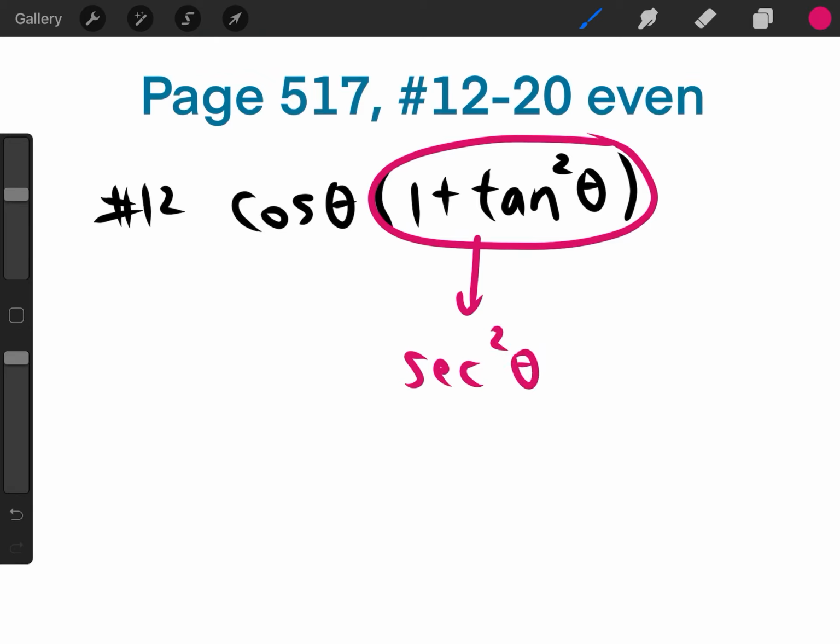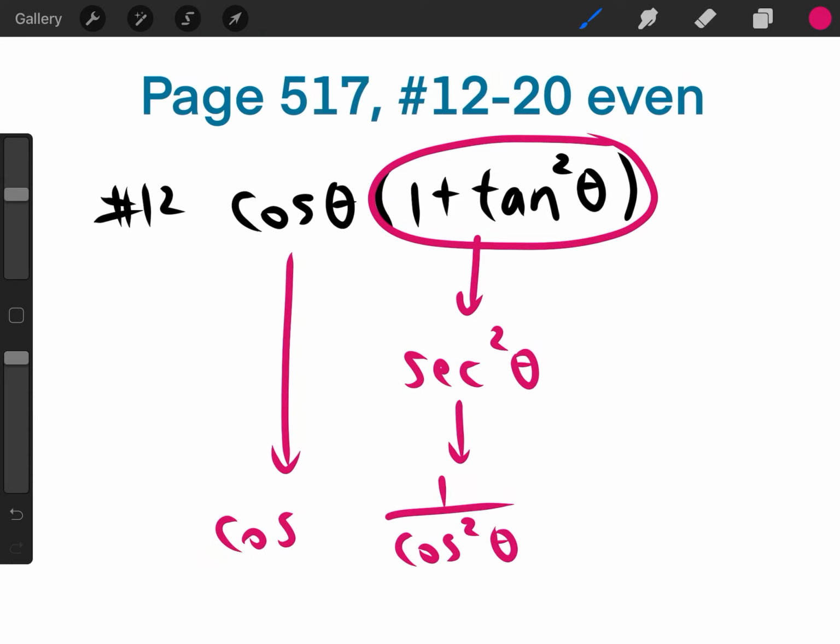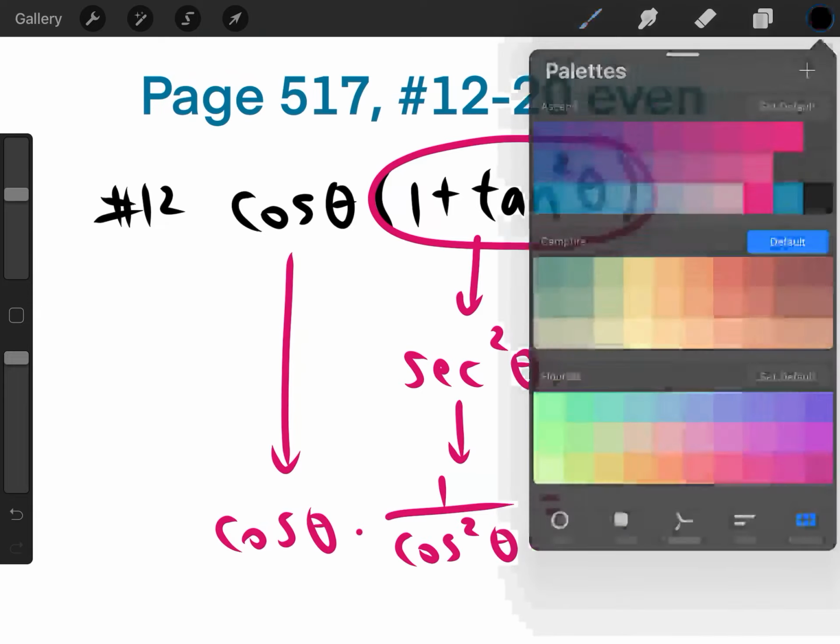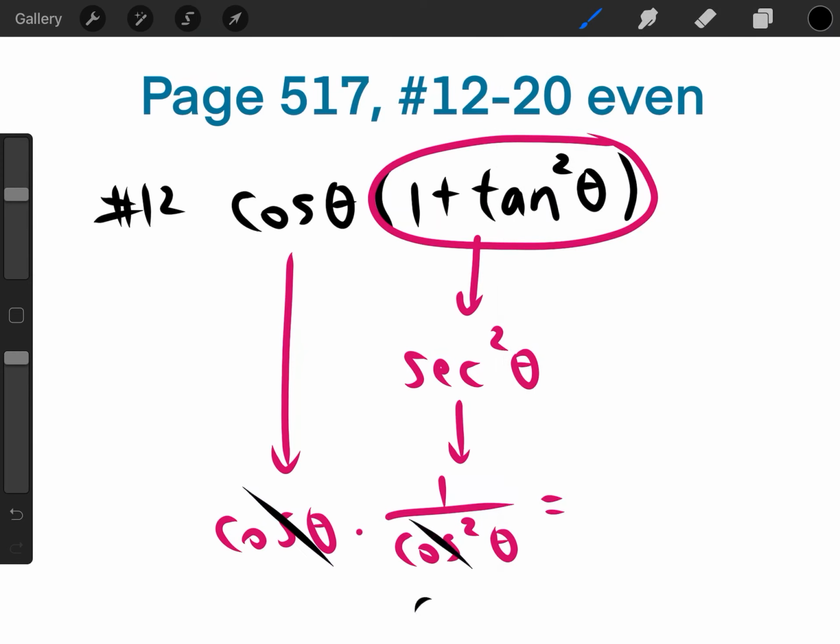And we know that secant squared theta is 1 over cosine squared theta. Bring this down. This is cosine theta. Just multiply it and simplify it. That leaves you with 1 over cosine theta. You can rewrite that as secant theta.